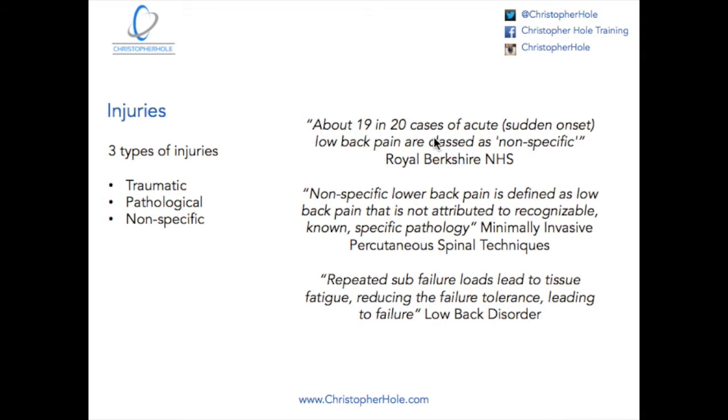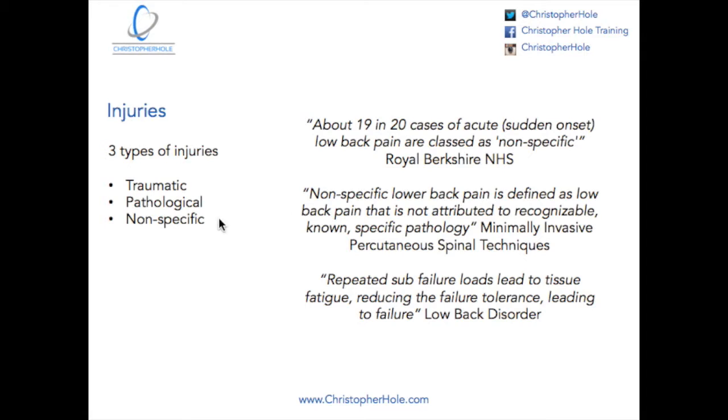So about 19 out of 20 cases of acute low back pain are classified as non-specific, which basically means the other one of those 20 are split in half between traumatic and pathological. So you can see that only 4% of all low back pain are traumatic and pathological, which is where non-specific gets a lot of its grey area.